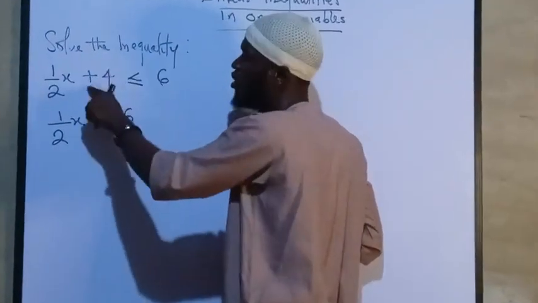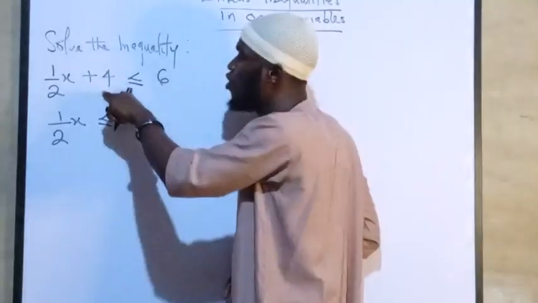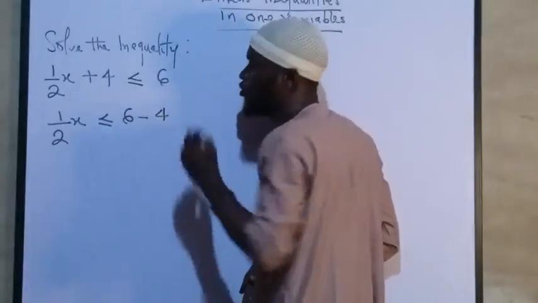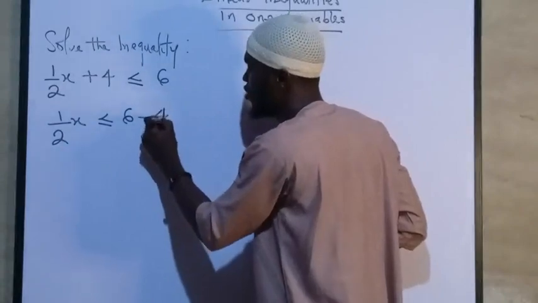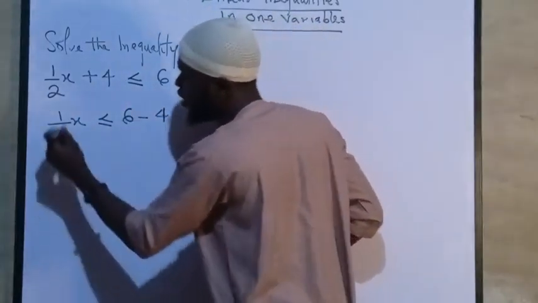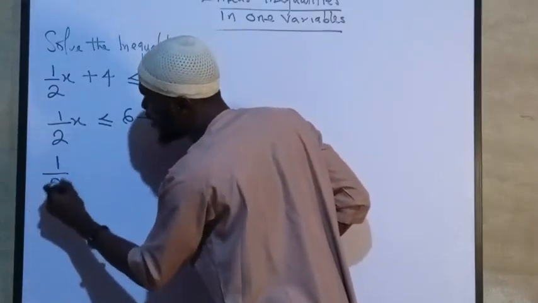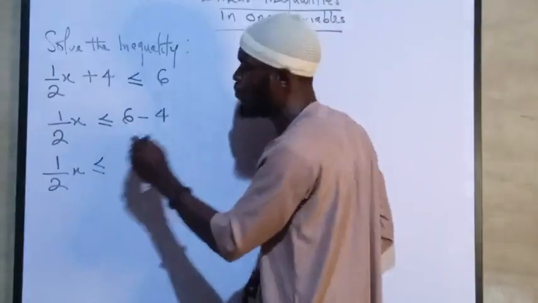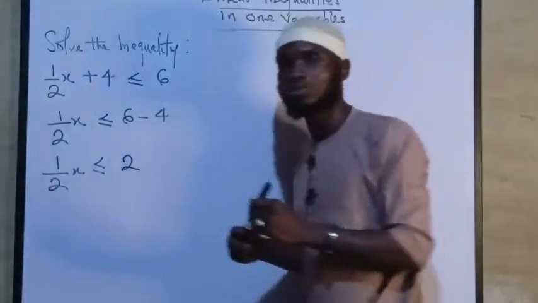When this is coming, what sign is it having? Plus 4. When it's moving like this, it will be minus 4. Please, let's take note of that. And another thing, 1 over 2x now, less or equals to 6 minus 4. What would that be? That is 2.